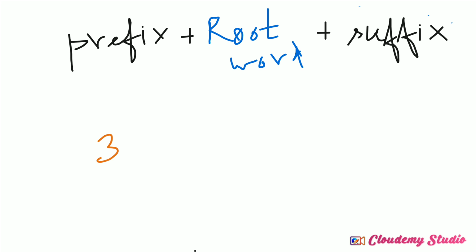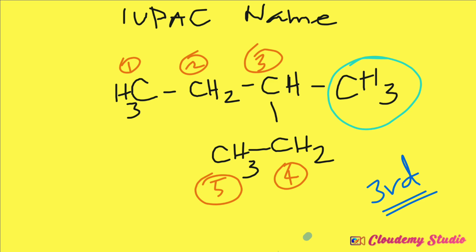Then after writing the number, we need to mention a hyphen. After mentioning the hyphen, we need to name the substituent. What's the substituent? CH3 group. This CH3 group is called methyl.